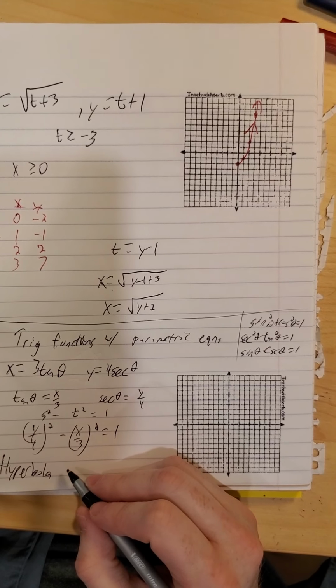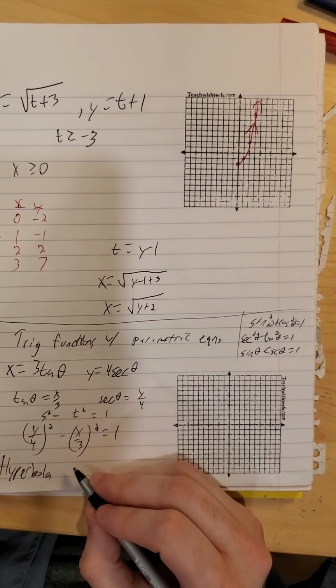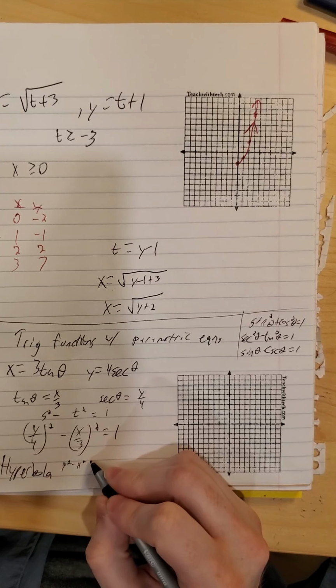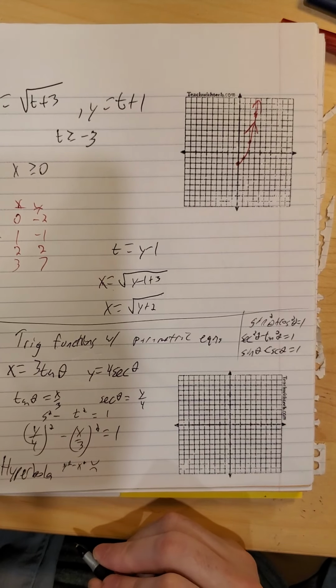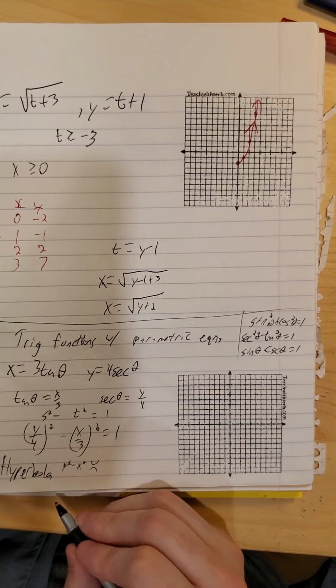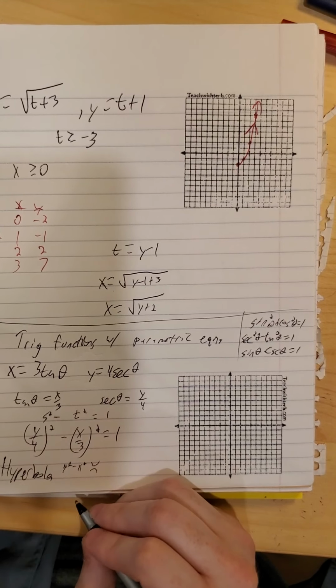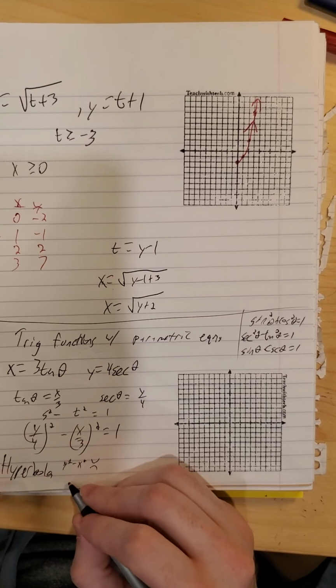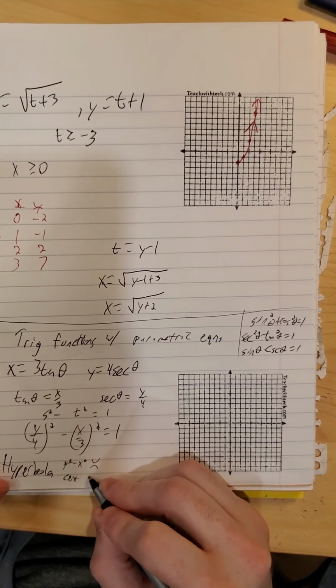Because it's in the form of y squared minus x squared, we know that it will open up and down instead of left and right. We know that we have no shifting with the x's or y's, so our center is still on the origin.